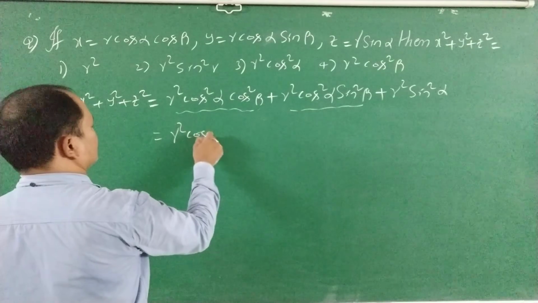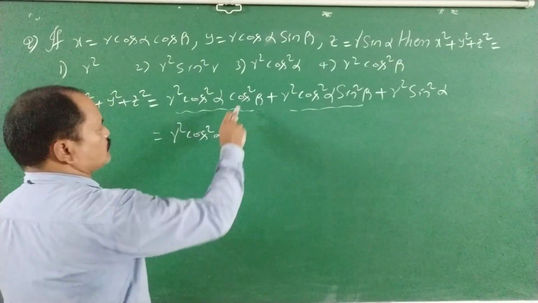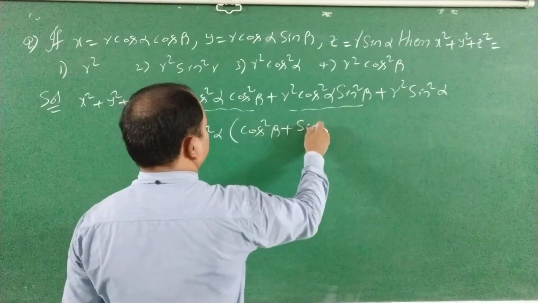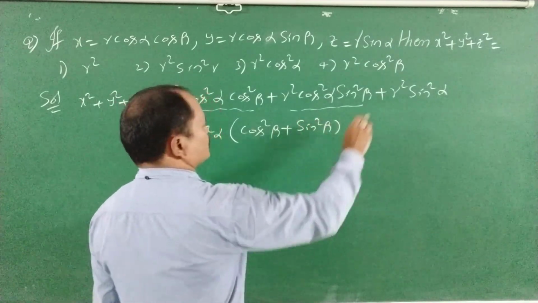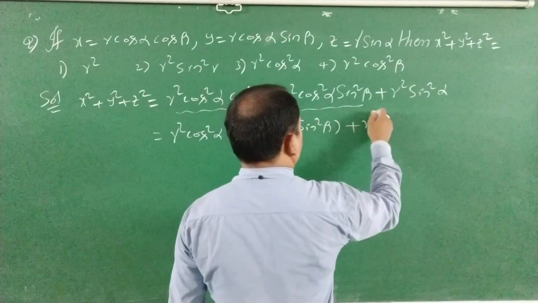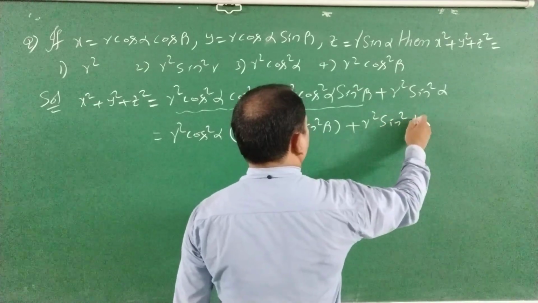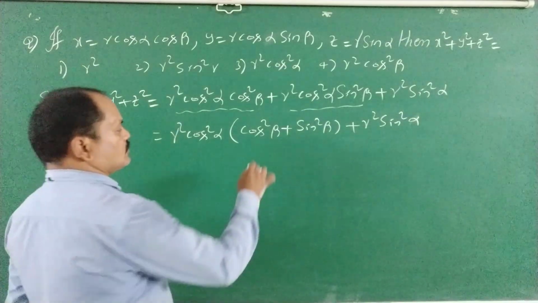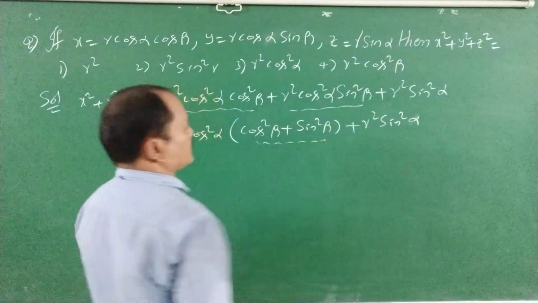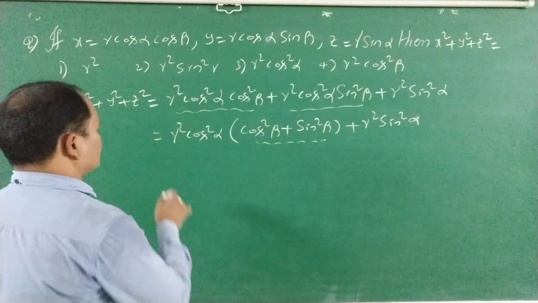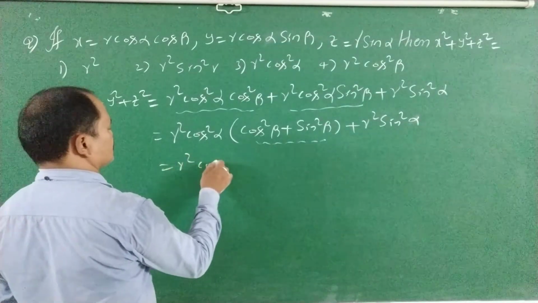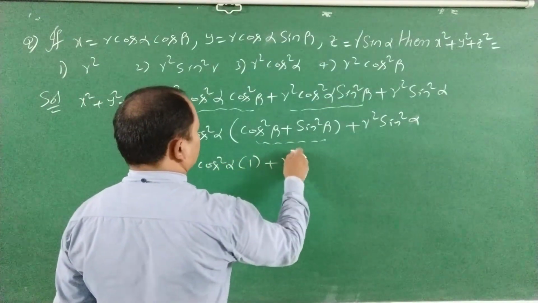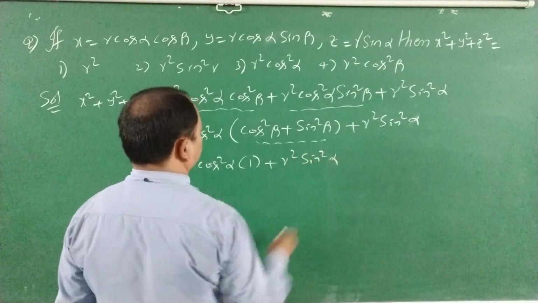So r square cos square alpha into cos square beta plus sin square beta, plus the last term, r square sin square alpha. Now the result of cos square beta plus sin square beta is 1. That's why it is r square cos square alpha into 1 plus r square sin square alpha.